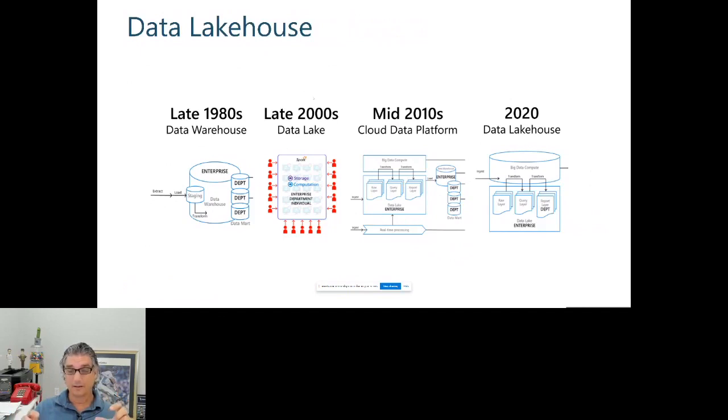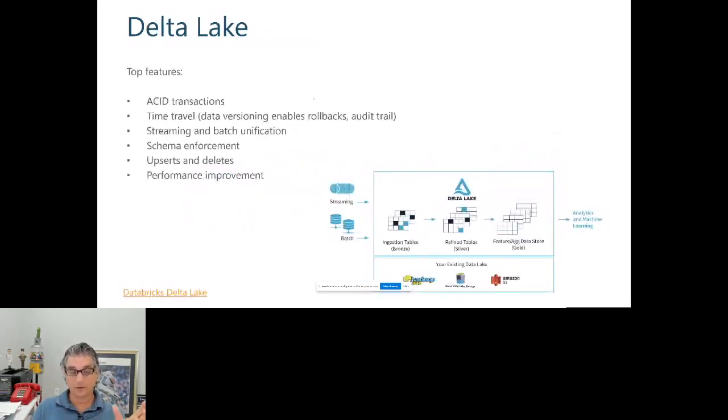And now, being spurred on in large part by Databricks, is this data lakehouse. You're combining a data lake and a data warehouse and calling it a data lakehouse. The idea is you get rid of the relational database, but you still get a lot of the features of a relational database by using what is called Delta Lake. This is a layer on top of the data lake that gives you additional features like ACID compliance, part of a relational database.